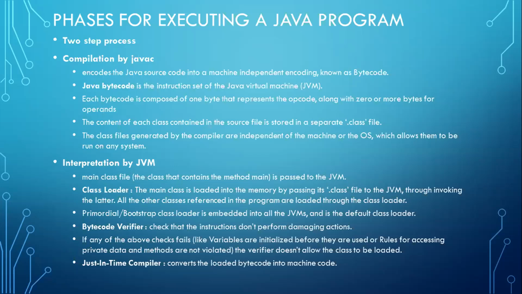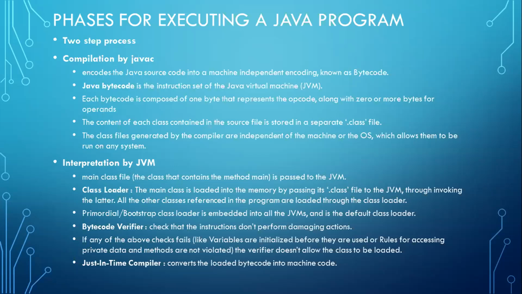There are various other phases, like the class loader. Whenever you are executing a program, the first and foremost part is that you have to load the main class and the relevant classes into the main memory. The main class is loaded into the main memory by passing its dot class file.